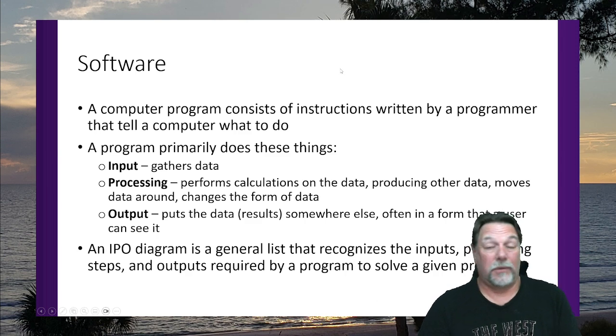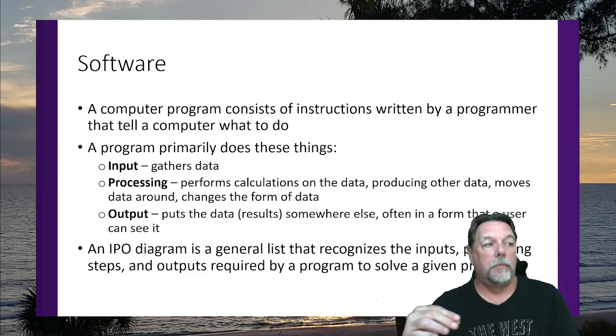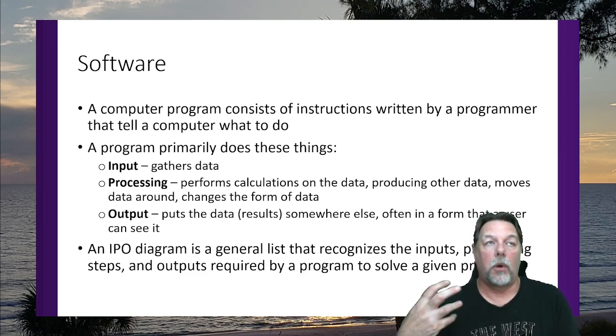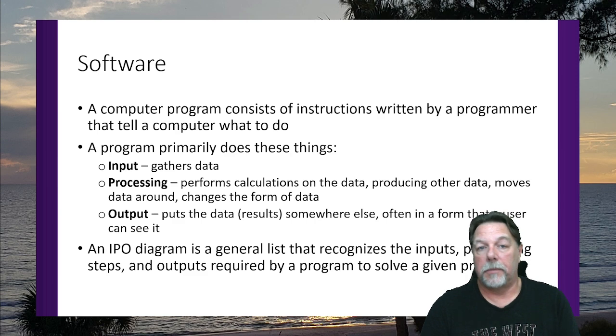So what is software, after all? As I said, we're going to be writing Python programs that are essentially application software. And so when we think in terms of software that way, it becomes a little bit more clear that software is a computer program. A program is instructions written by somebody like us, a programmer, and these instructions tell the computer what to do.